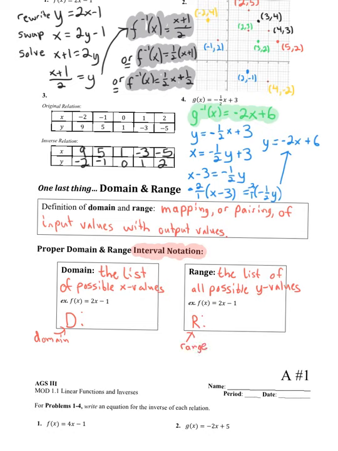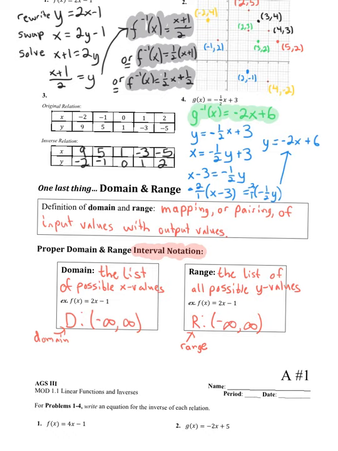And like I said, domain's always going to be all real numbers. If we're doing interval notation, we're going to do parentheses, and we're going to go from negative infinity to positive infinity. And for range, we're going to go the same thing, all real numbers. Every x value is going to have exactly one y value. So also negative infinity to positive infinity.